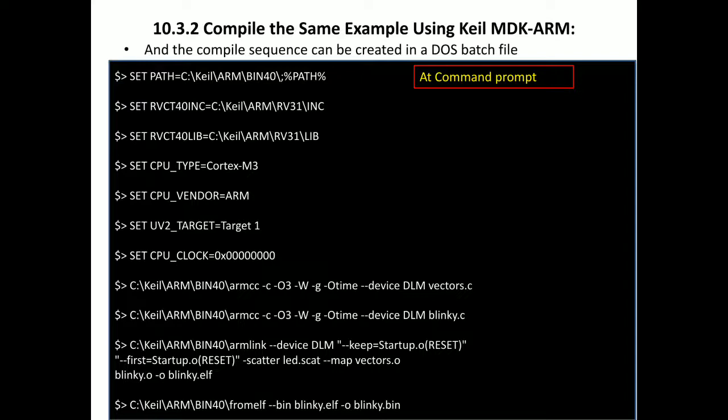We will get the ARM software and install it. After installing it, we need to get the binary path, the library path, and different paths.